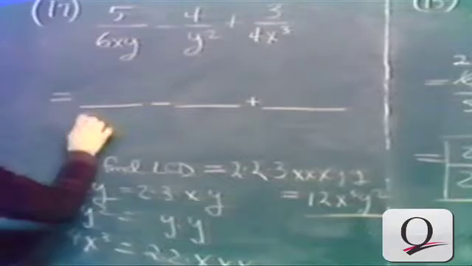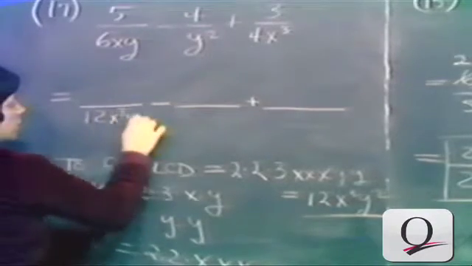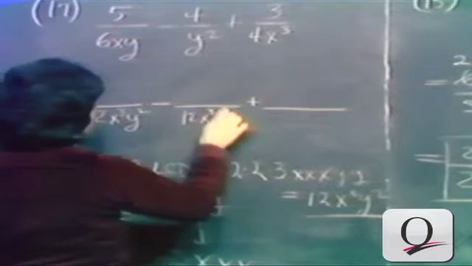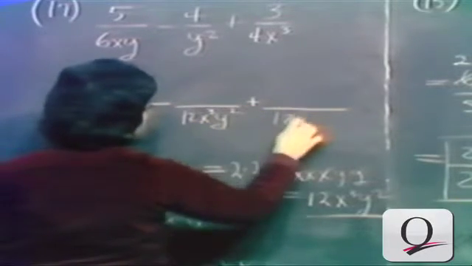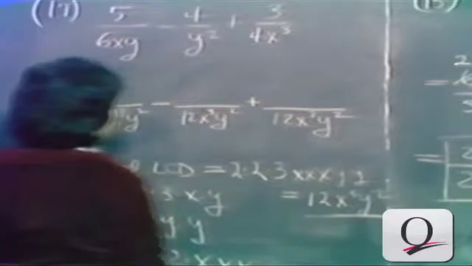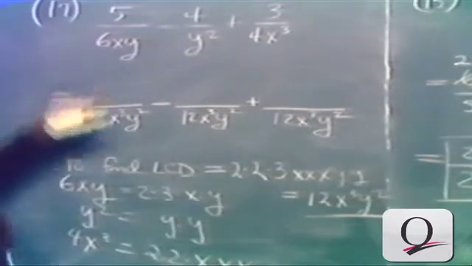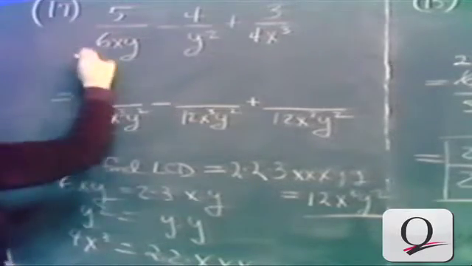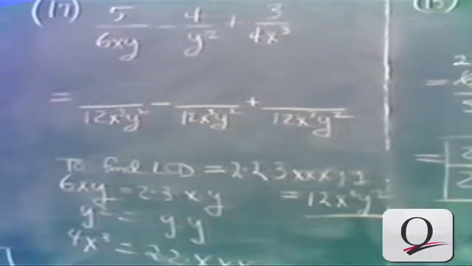That is, we're going to build fractions equivalent to each of these, having the common denominator 12x cubed y squared. And we know that we can do that since each of these denominators is a factor of 12x cubed y squared. Now we use the fundamental principle of fractions, which says that if you multiply the numerator and the denominator by the same non-zero quantity, you get an equivalent fraction.